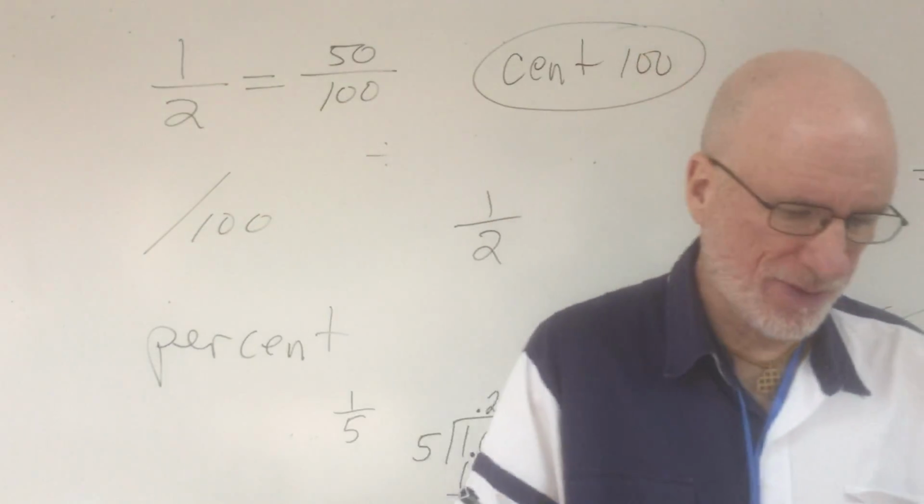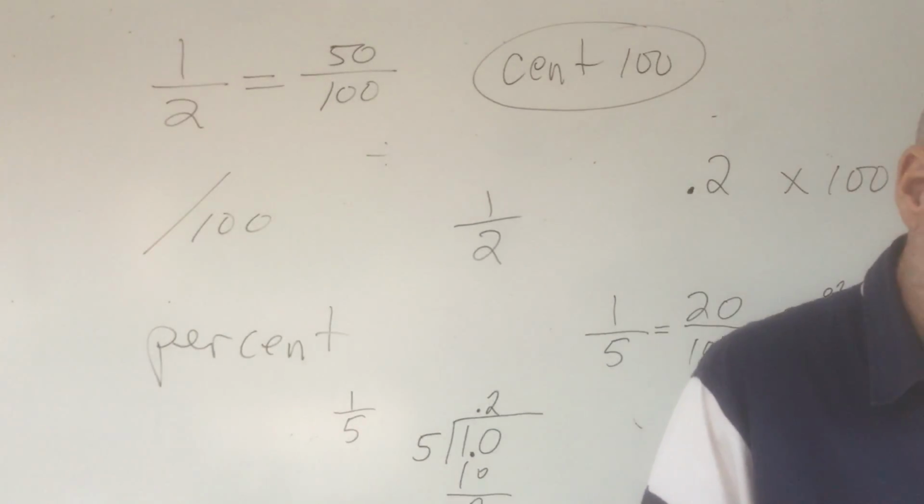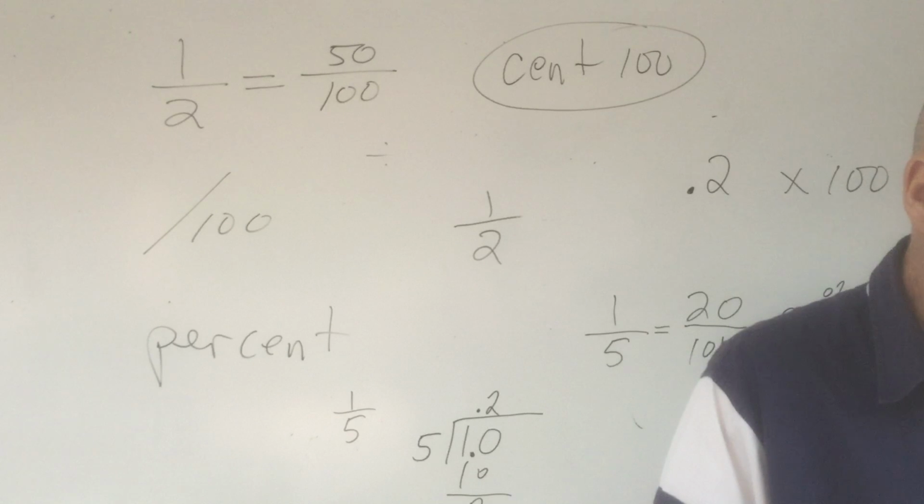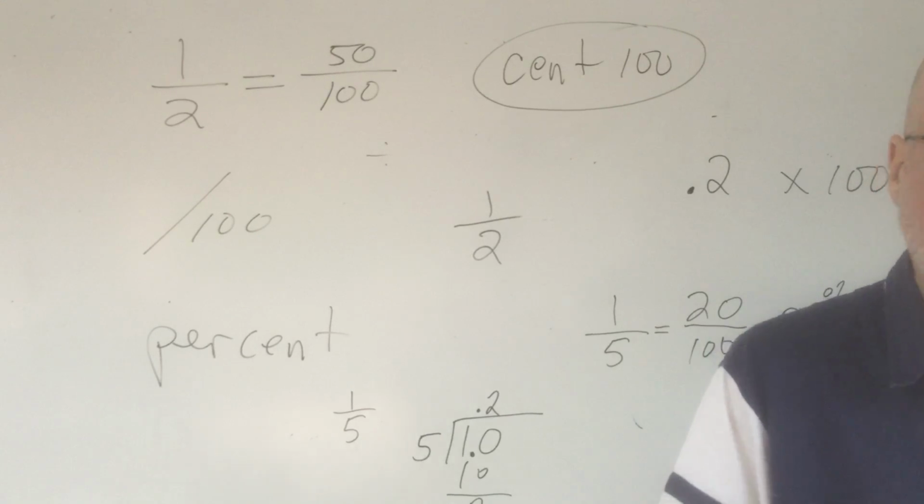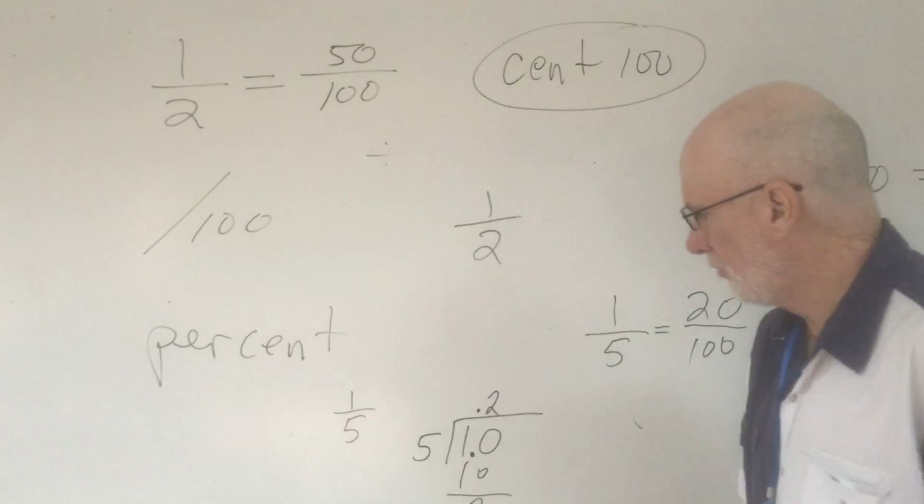Let's look at chapter 7 and let's look at some problems. Let's go a little bit deeply into it. It says express as a percentage. It's kind of what we're doing.